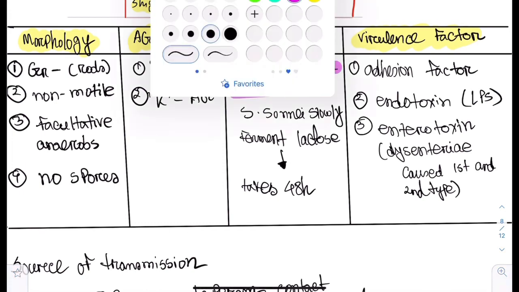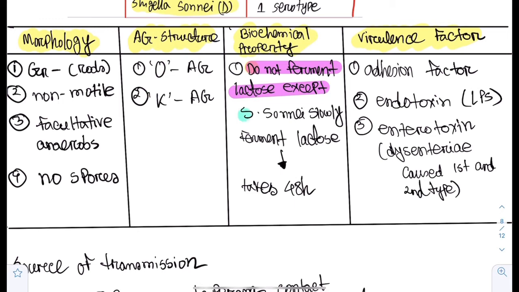But one exception is Shigella sonnei. It ferments the lactose, but slowly. So it takes 48 hours to ferment the lactose.